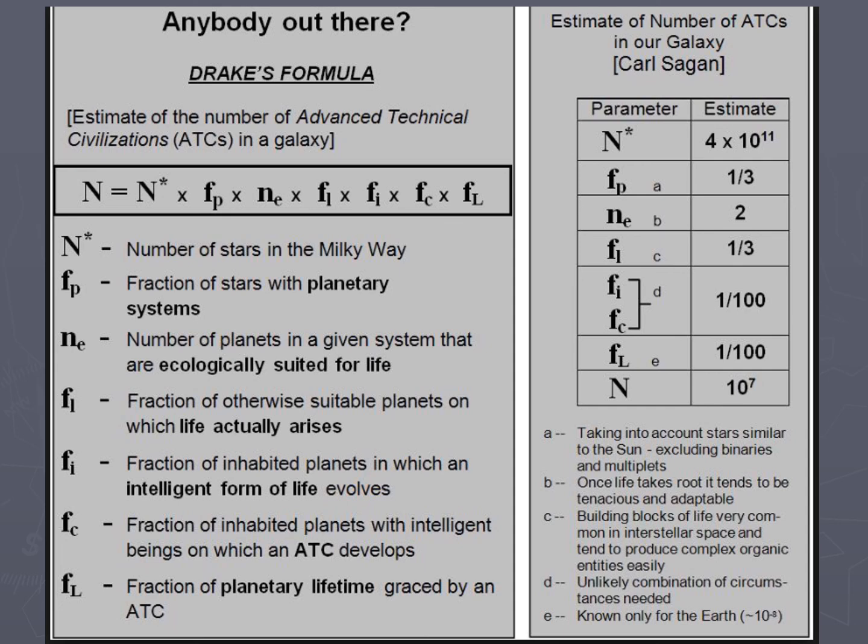But the key here is that you're going to take that really small number that you get and you're going to multiply it not by one star, but by, gosh, at least 100 billion stars. And that's just looking at one galaxy, say just the Milky Way. So when you look at it like that, maybe it's not so impossible.